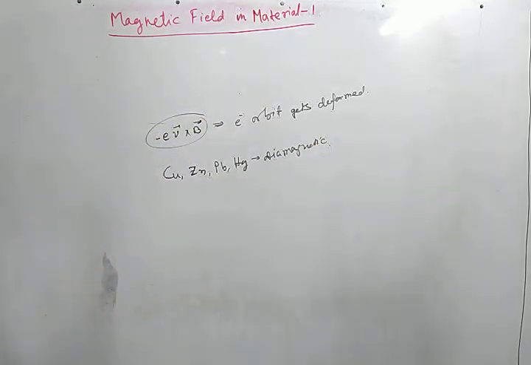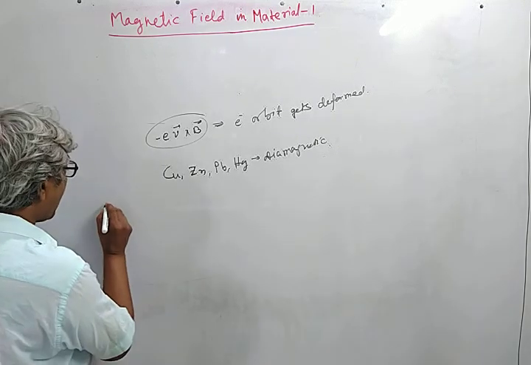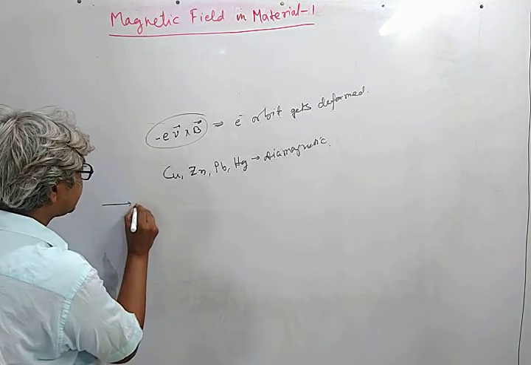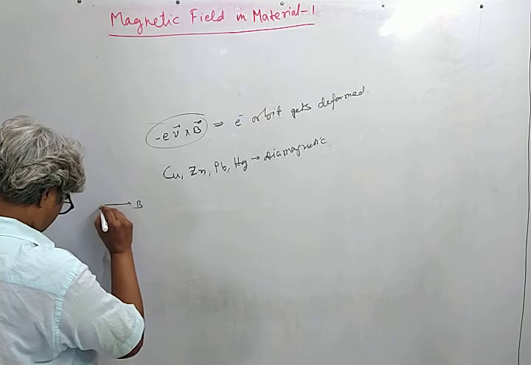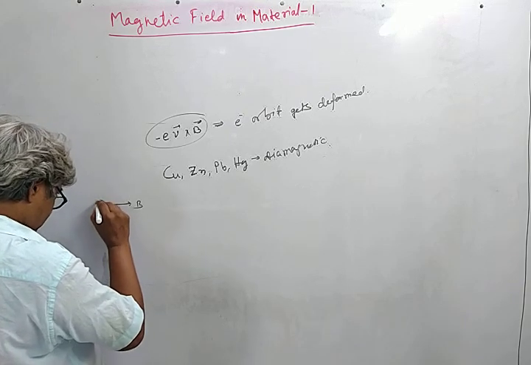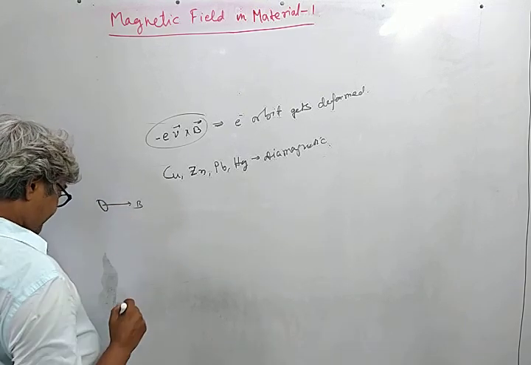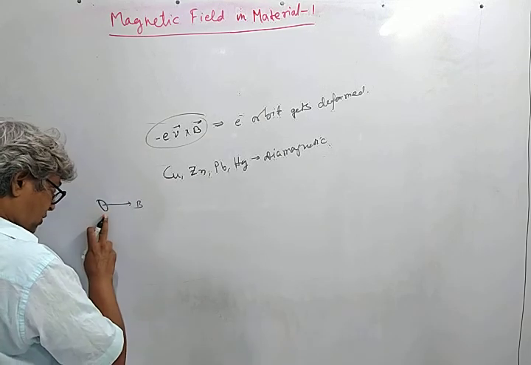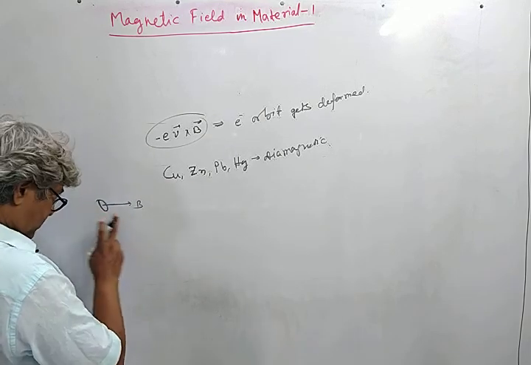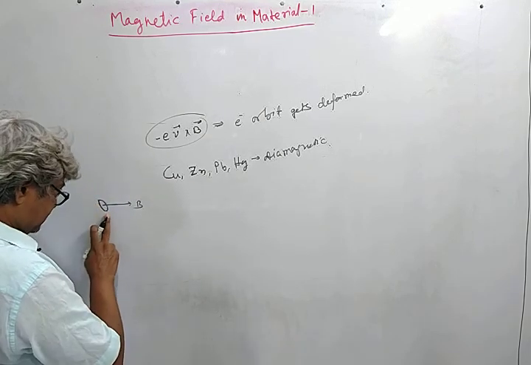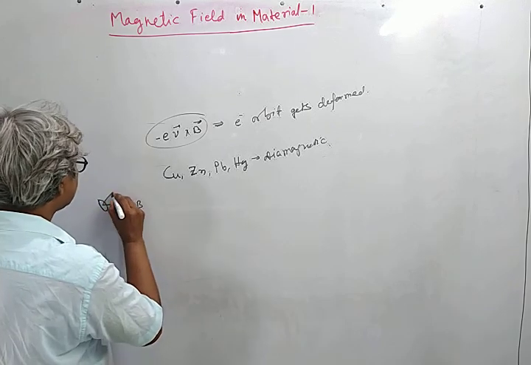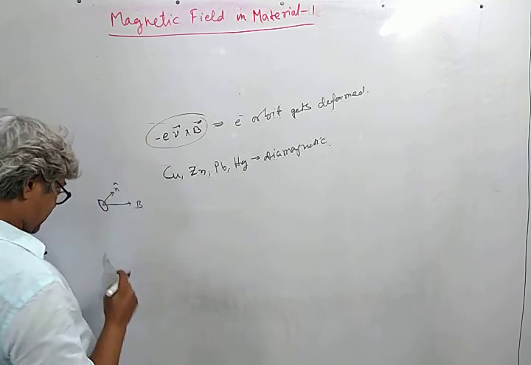Another phenomenon that occurs is the orientation effect. Say we are applying a magnetic field in this direction, and a dipole was originally here, this was the electron orbit. Due to the deformation, this orbit gets deformed. We are not considering this at present; we are considering another effect. This is the normal to the dipole direction.